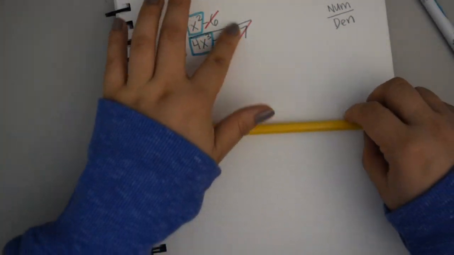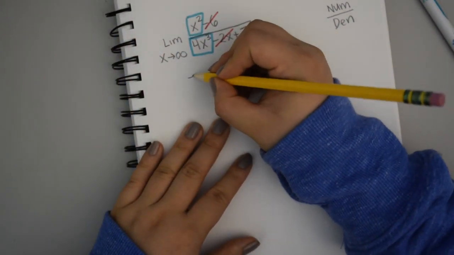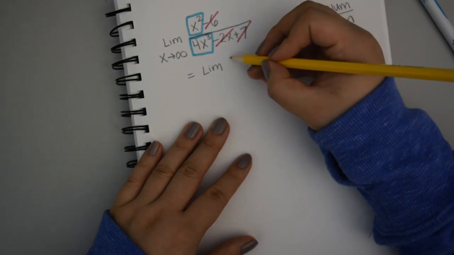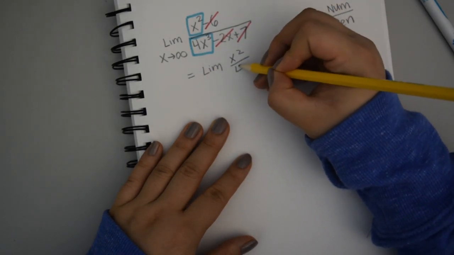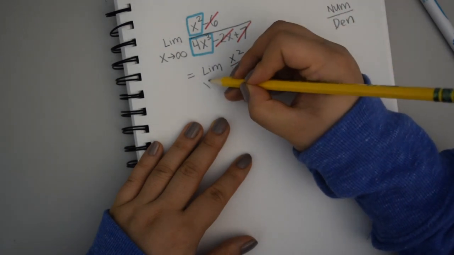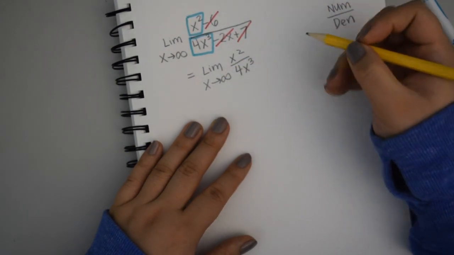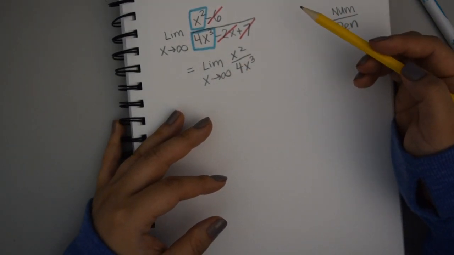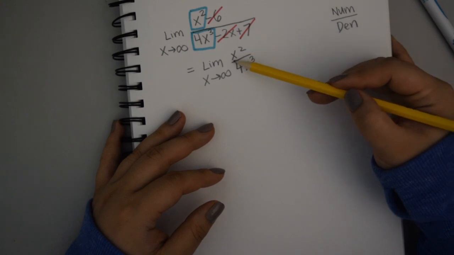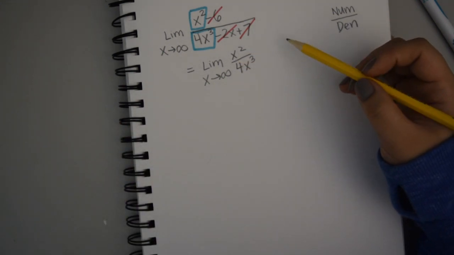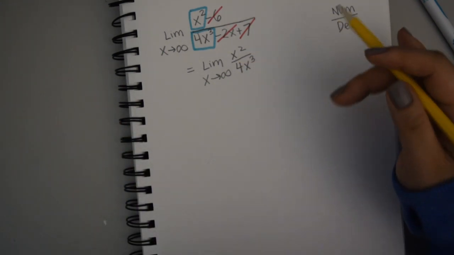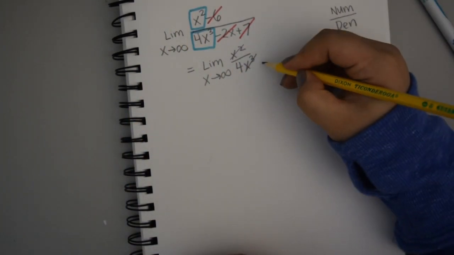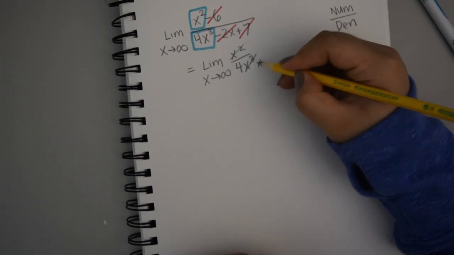So now what we get is we still have this fraction, but now we just have the limit of x squared over 4x cubed. But since x is approaching infinity, we're not worried about the case where x equals 0, so that's okay. We don't break math or anything. We just need to remember our exponent rules. So in that case, our x squared and our x cubed cancel to leave us with just one x left.